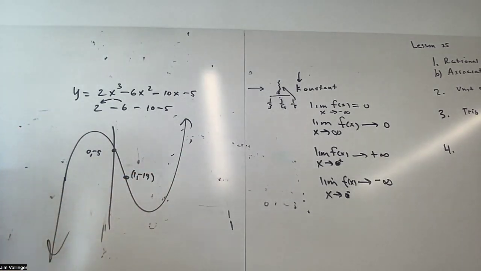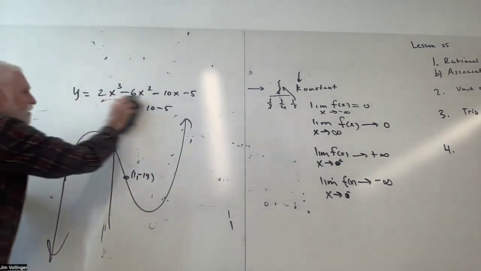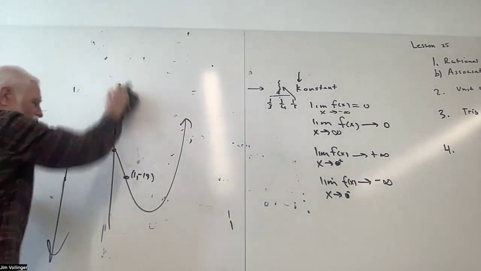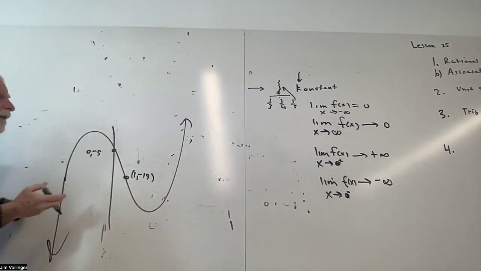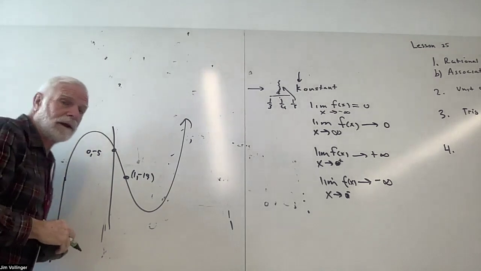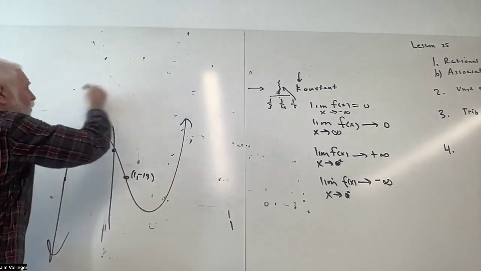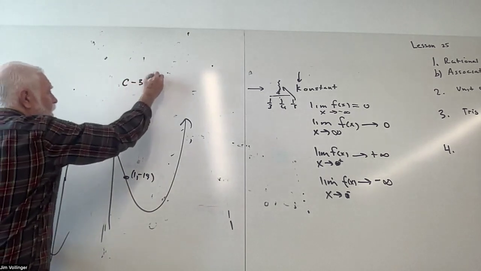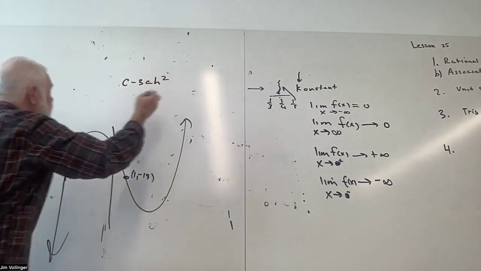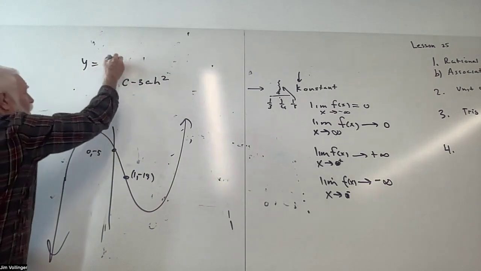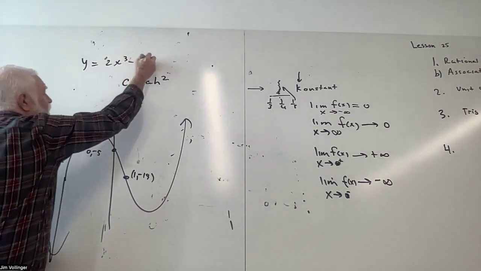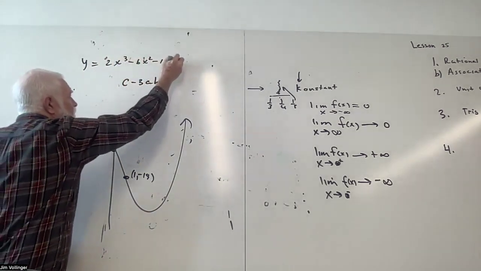All right. So I think we're good now. And so how do I know the rate of change? This is the one thing that I haven't really stressed with you. I've mentioned it a few times. Little formula here, C minus 3AH squared. Of course, I erased y equals 2x cubed minus 6x squared minus 10x minus 5.